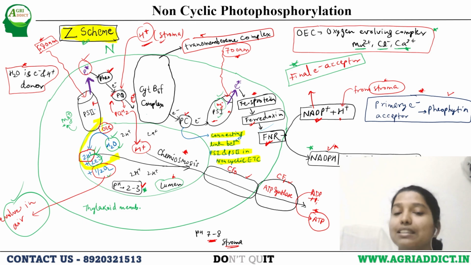That's why we say this is non-cyclic photophosphorylation. It is the process of energy formation in the presence of light where the electron is not cycled back to PS2. That's why we call it non-cyclic photophosphorylation.